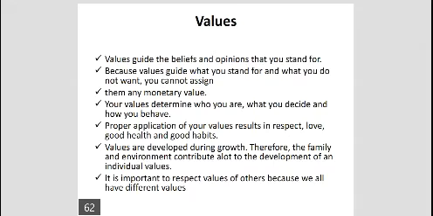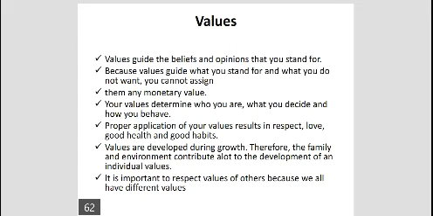Values are developed during growth. Therefore, the family and environment contribute a lot to the development of an individual's values. The values come from the basics of the family. As you grow, what you learn from your people, what you learn from your family, is what creates that value inside you.